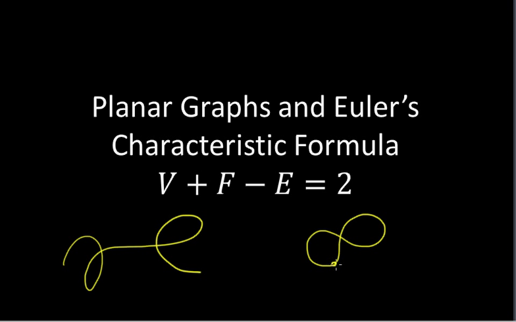But in either case, I have to give myself a starting and ending point. I have to label with a dot each place that the graph crosses itself, so that those we will consider vertices. The starting point, the ending point, and any place where our graph crossed itself. So here the starting and ending point are the same point, and it crossed itself once.